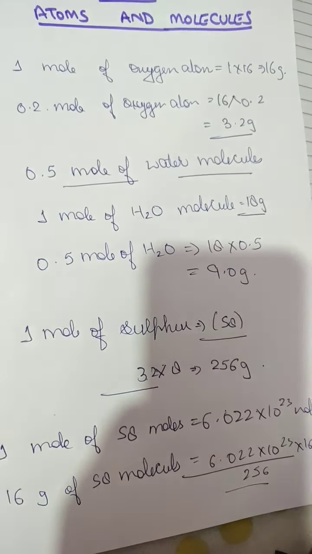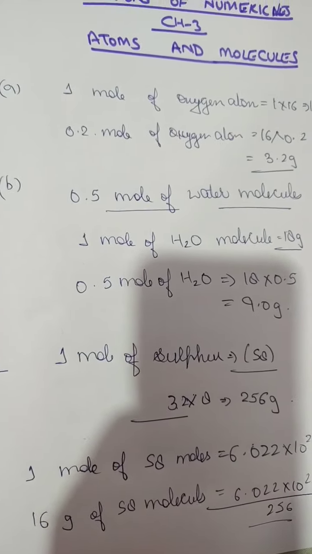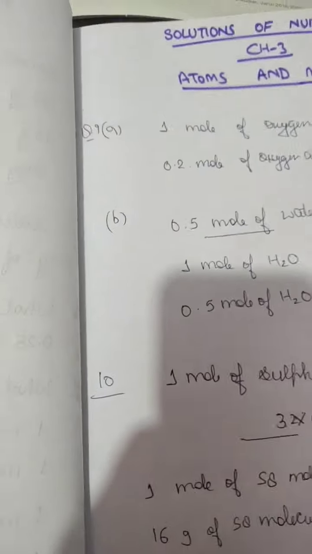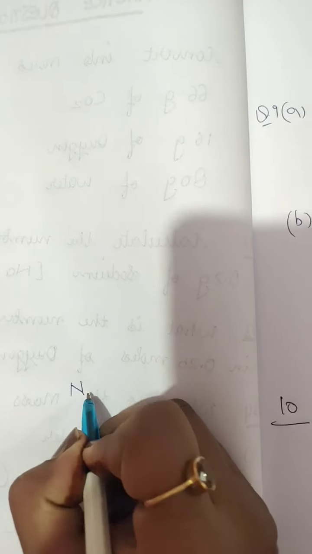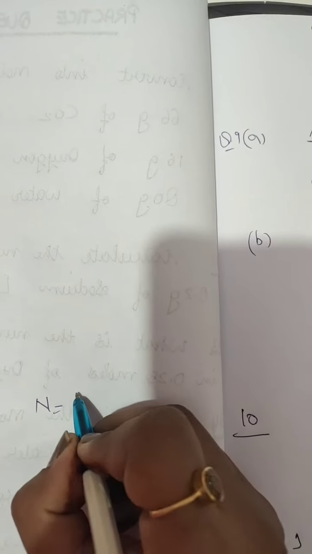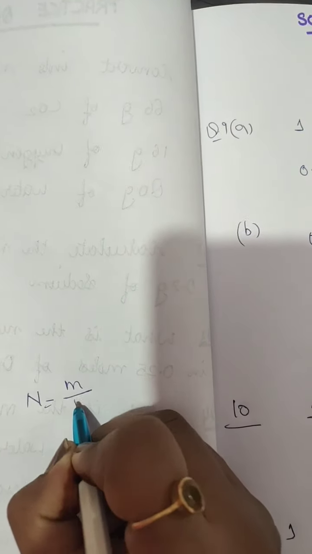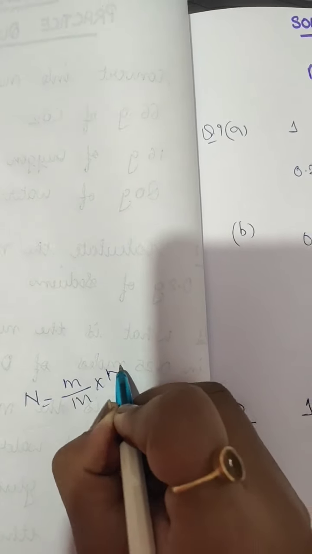So this is done on the basis of a formula, if you remember, that is N equals to, because we have to calculate the N, N equals to m upon M into N naught.